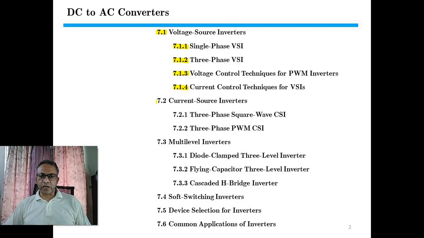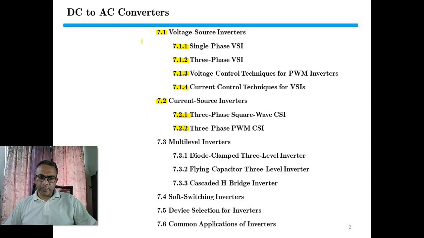We will discuss what are current source inverters, and the subsections include three phase square wave CSI, standing for current source inverters, and the second article is article 7.2.2 three phase PWM CSI.